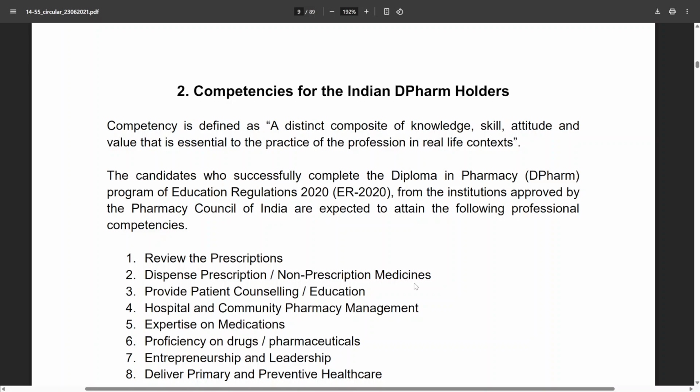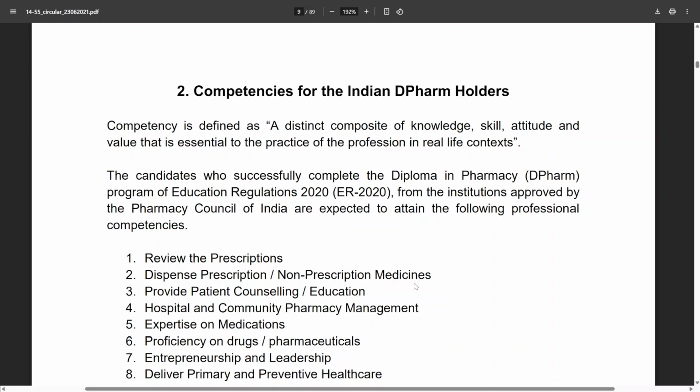One thing I would like to tell you, that if you are a student seeking admission in the Diploma in Pharmacy course or any course related to pharmacy, you must search the name of your college in the list of approved colleges on the website of the Pharmacy Council of India. If your college name is present there and the approval is provided to them, you can take admission.